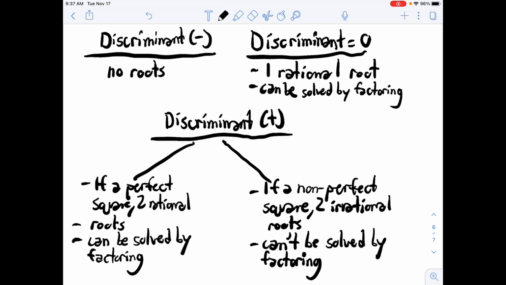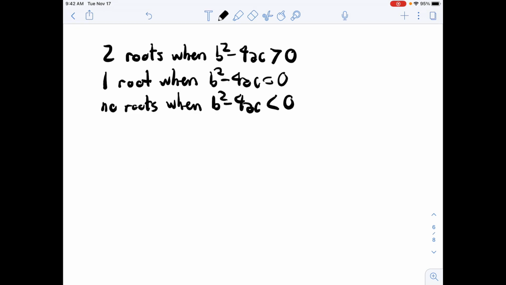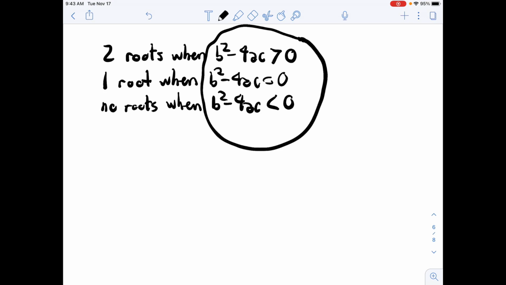If the discriminant is positive and it's a perfect square, there are two rational roots and it can be solved by factoring. If the discriminant is positive but a non-perfect square, there's two irrational roots and cannot be solved by factoring. You can also think of these inequalities when deciding how many roots there are to a quadratic equation.